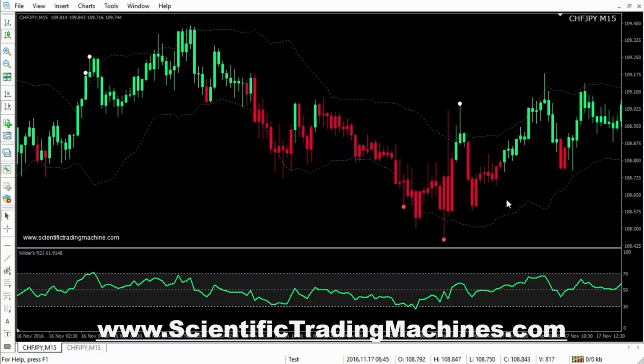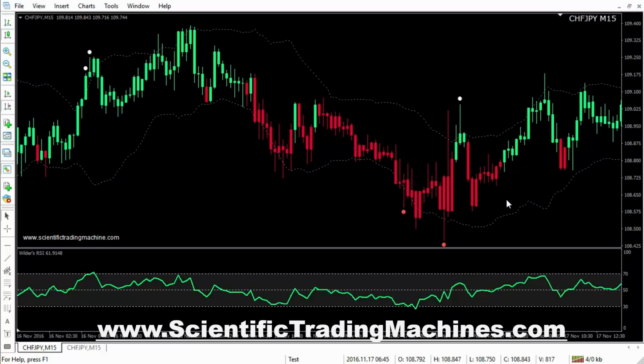And usually after a series of dots, we are going to see a change in the trend. We are always looking for 2 or more dots to appear. So if you see 1 dot, in this case a red dot, we wouldn't consider this a valid trade.